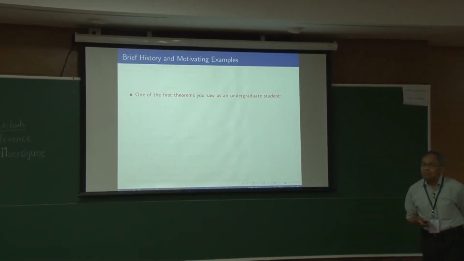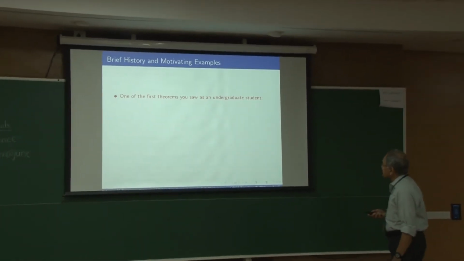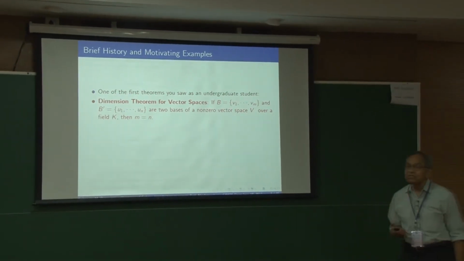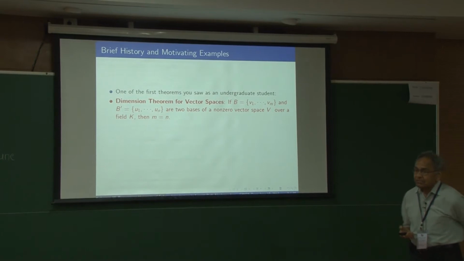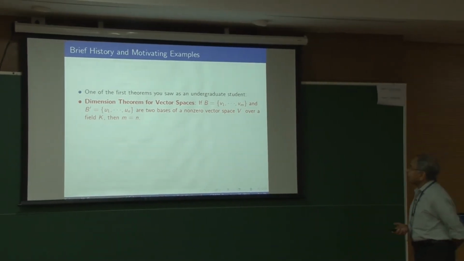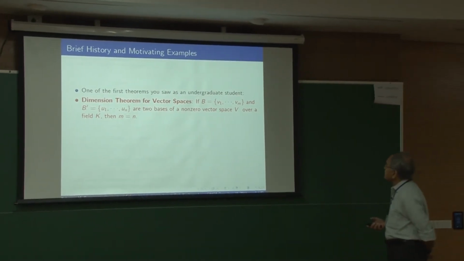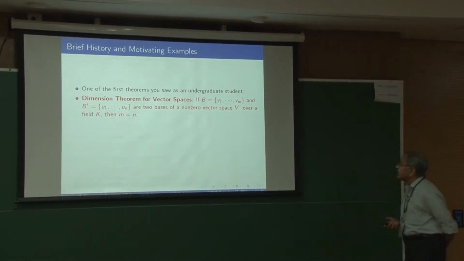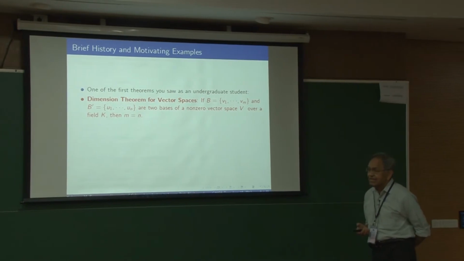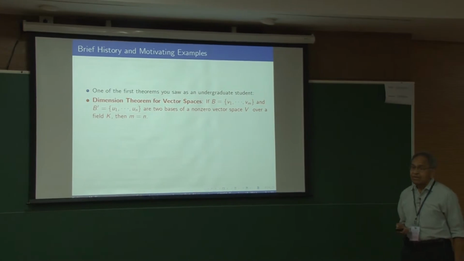One of the first theorems we meet as an undergraduate is the so-called dimension theorem in linear algebra. If B and B prime are two bases of a non-zero vector space containing respectively m and n vectors for a field K, then m must be equal to n.